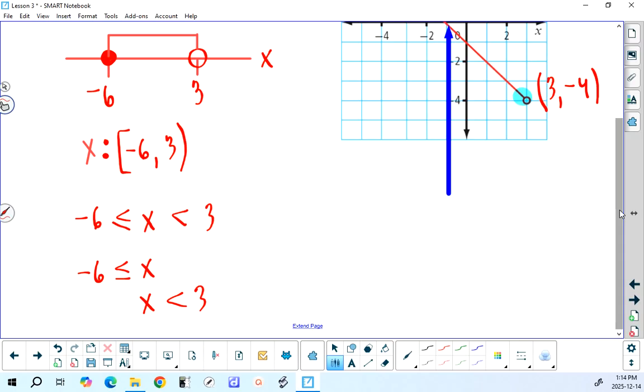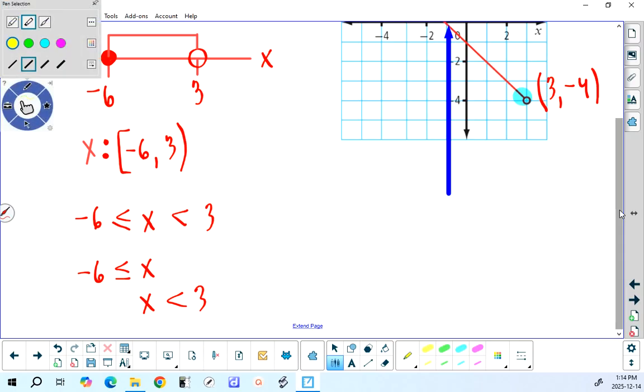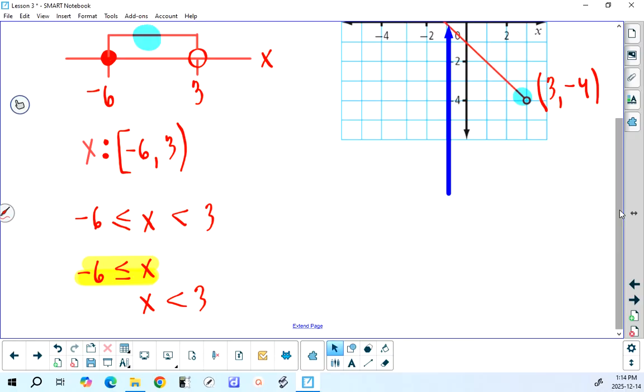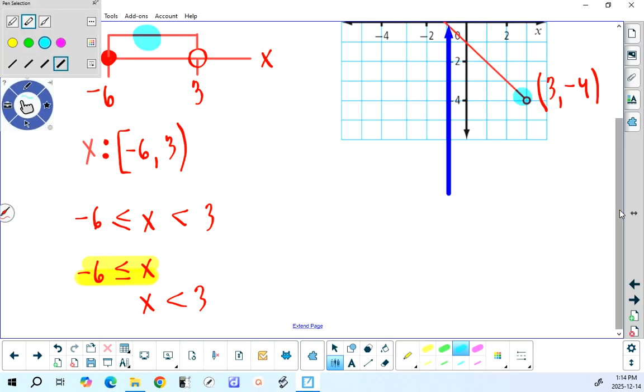And if you think about both of those carefully, -6 has to be smaller than or equal to x. Definitely that's the case. X is some number in here on my number line. So -6 is definitely less than or equal to x. And the second statement says x is less than 3. And that is always going to be the case.